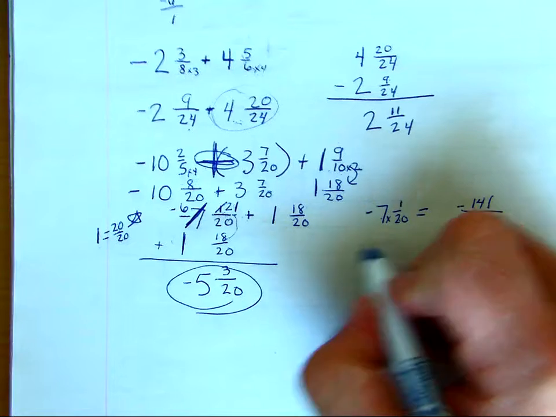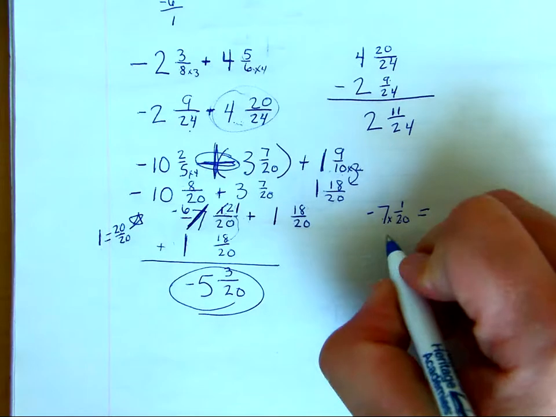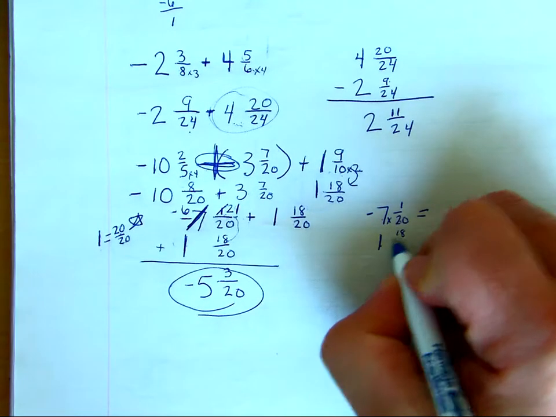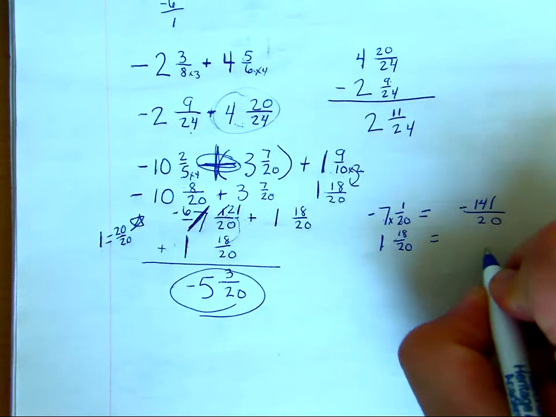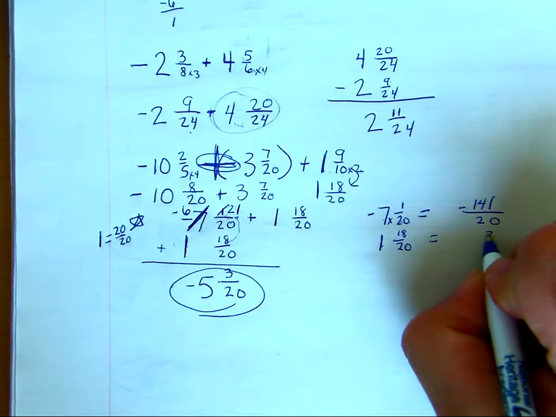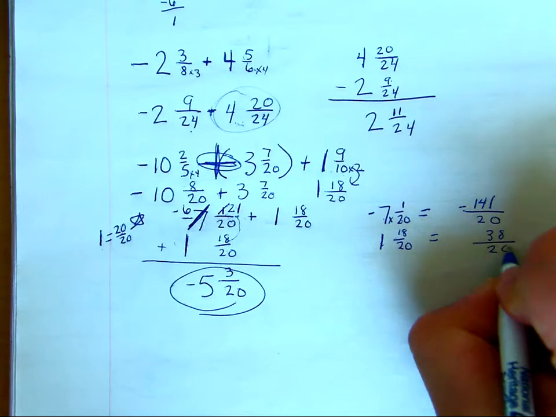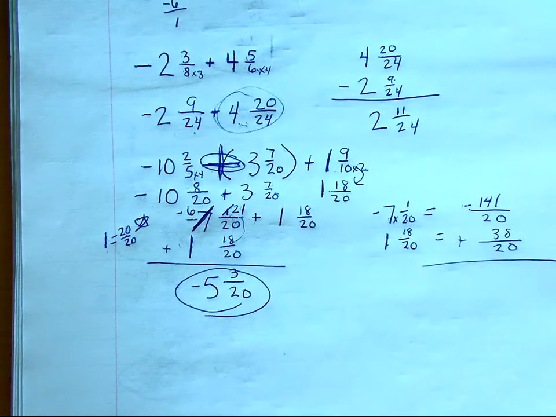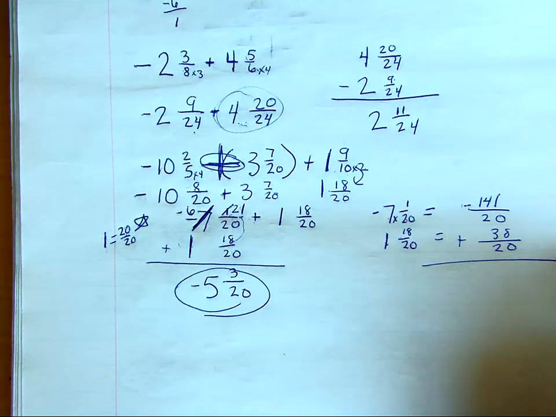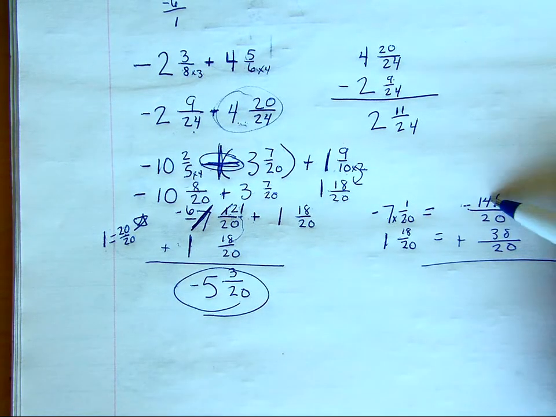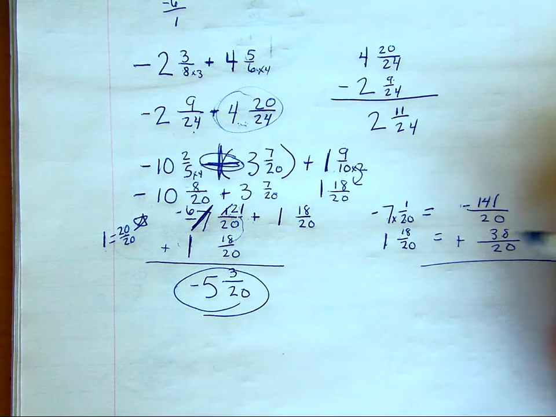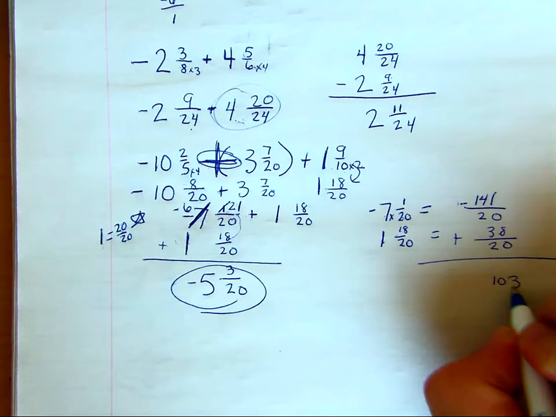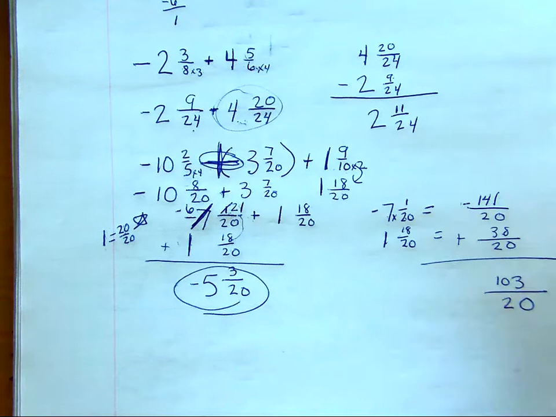And then I have 20 times 1 is 20, plus 18 makes 38 over 20. So I got a negative and a positive, means I'm actually going to be subtracting. I would be moving right on the number line, but we're going to subtract 141 from 38. So 141 minus 38 is going to be 103, and 20 stays my denominator.